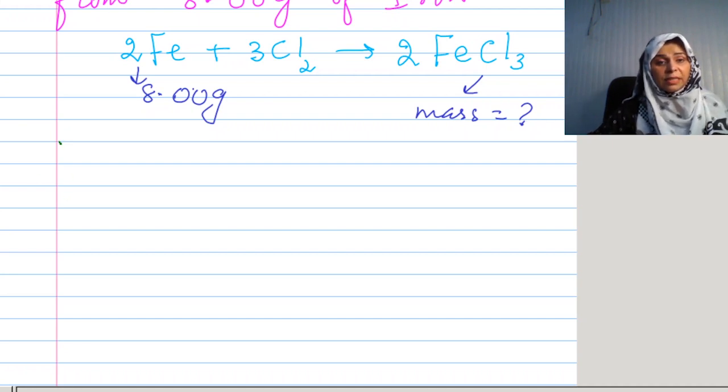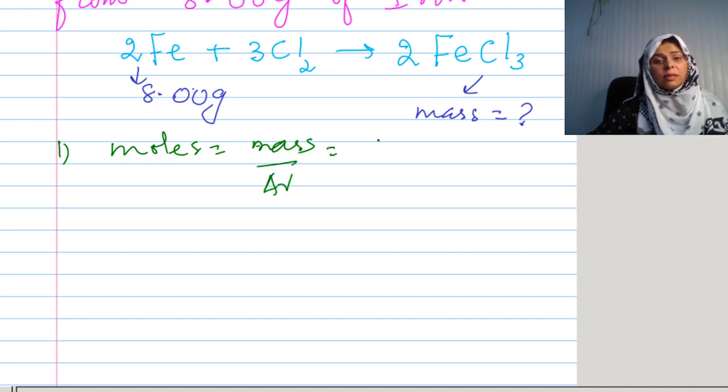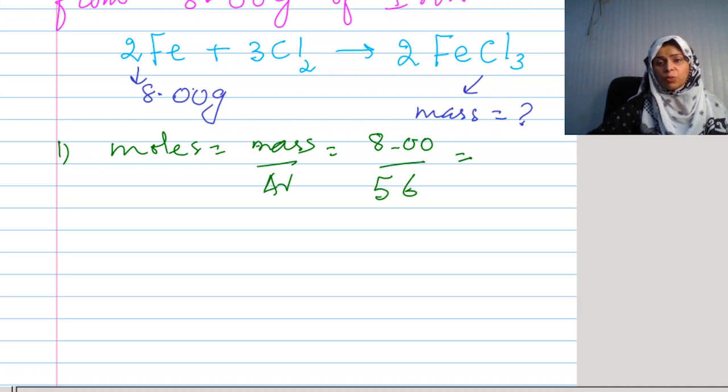First step, what we will do, we have to calculate the moles of iron. So moles is equal to mass over Ar. Okay, what is the mass given? 8.00. Ar of iron is 56. What is the answer?